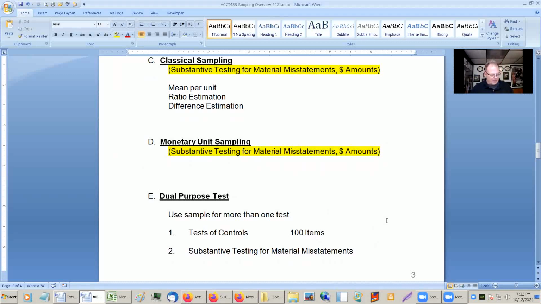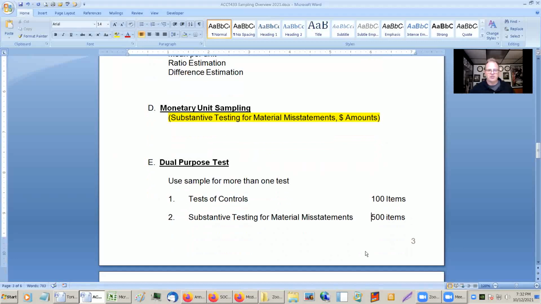So you might be picking a sample for test of controls, and you also might be picking a sample for substantive testing. Now, notice something here. If you're already picking 100 items for test of controls, picking them randomly, and then you're also going into this material misstatement, you need 500 items.